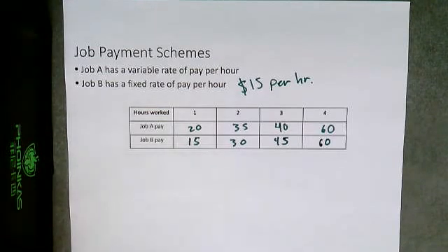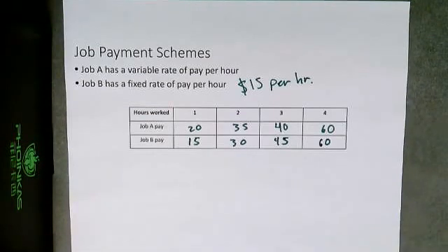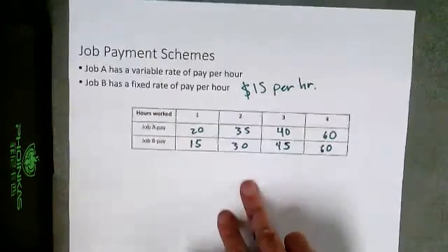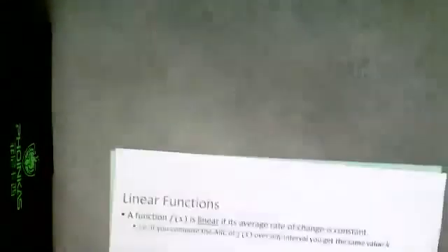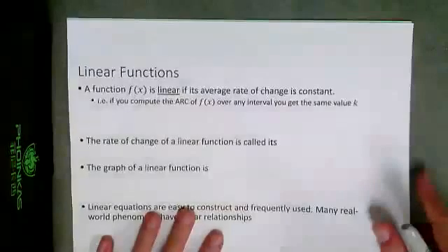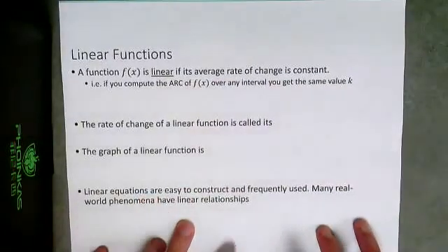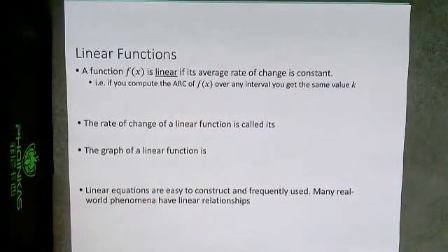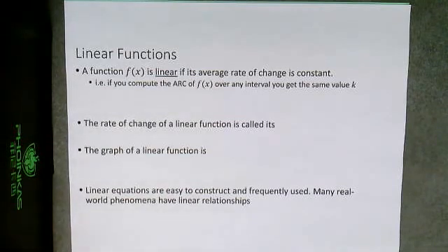And we're first going to look at linear functions, which would be job B in the payment scheme. All right, linear functions. The function f of x is linear if its average rate of change is constant, i.e., if you compute the average rate of change of f of x over any interval, you get the same value.